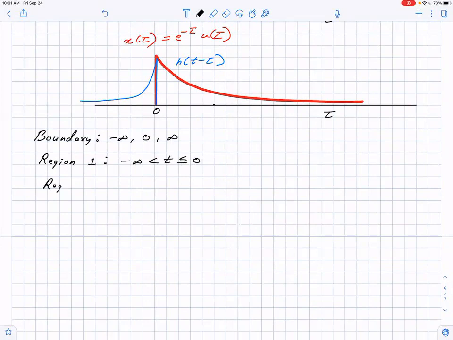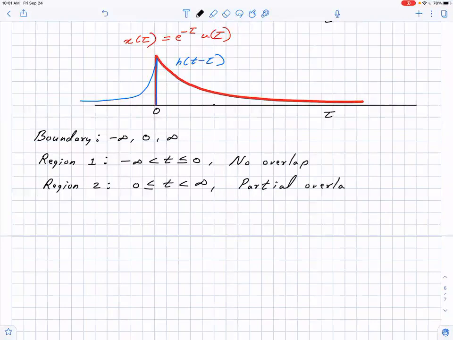The second region is going to be from 0 to infinity. In the first region, there is no overlap. And in the second region, there is always some overlap. And as we evaluate the convolution integral, we have to consider these two regions separately.